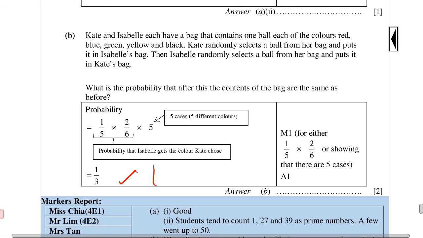Because this is I pick red. But I can also pick blue. That's case number 2, case number 3, case number 4, case number 5. I can pick 5 cases, so I times 5. So this is the probability of red.